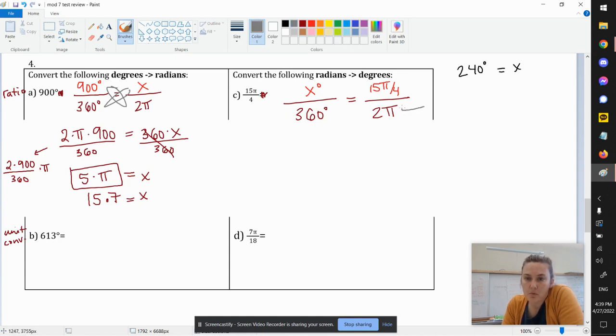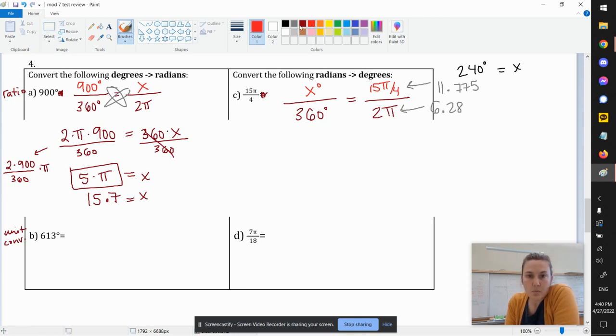A lot of people like to change this into a decimal and like to change this into a decimal before we begin. So we'll do 15 times 3.14 divided by 4 and get 11.775.